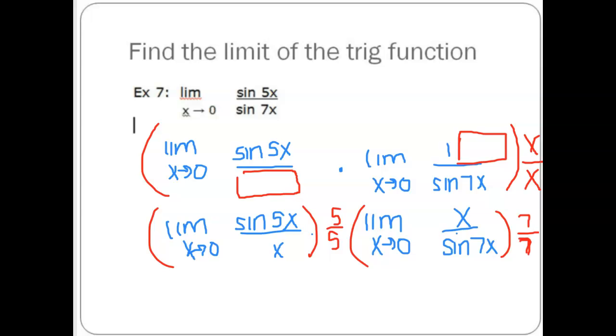So I could either multiply by 35 over 35, or by 5 over 5 and 7 over 7. But again, not breaking any laws of algebra when I multiply by the number over the number.